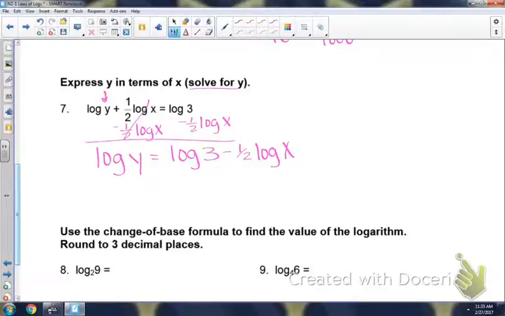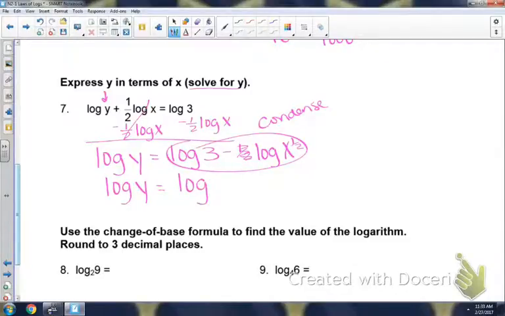Okay, so we're wanting to get y by itself. So notice we just have log of y on the left side. Remember we talked about on the front, whenever we have one log that equals another log, we can drop those and they should be equal. So I want to condense this right side. So I'm going to make that coefficient an exponent. So when we're subtracting, we divide.